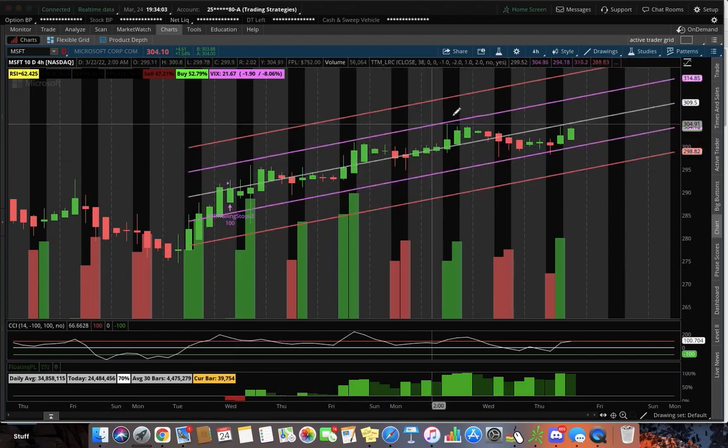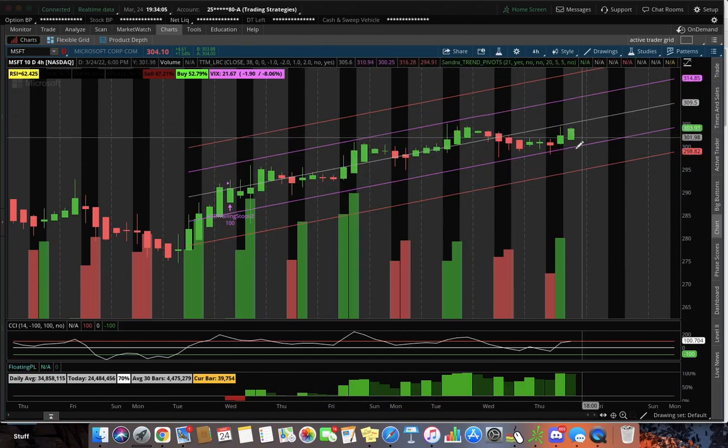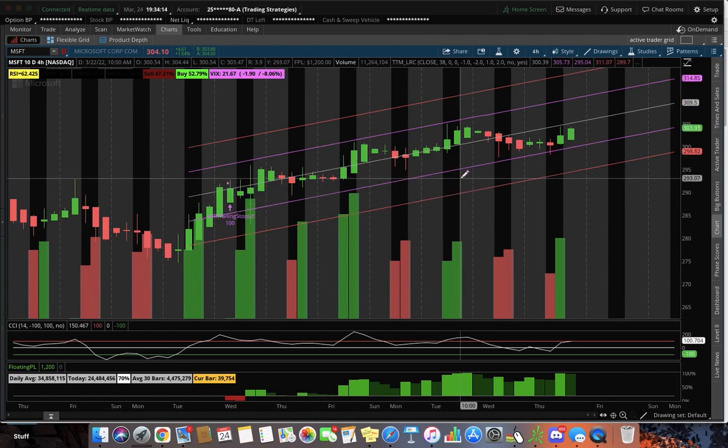And the signal is still going, right? The signal is still going. There is no signal yet to get out of this trade. And so keeping that in mind, that was at 292.74, and we're somewhere thereabouts 302, 304. Not bad. 7-day trade if you're a swing trader.